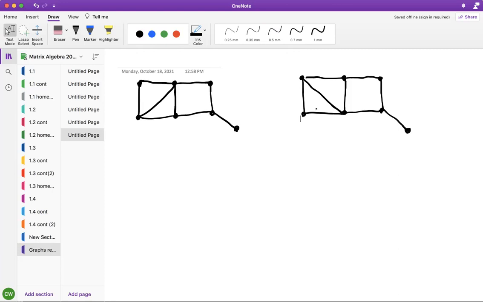Okay, so let's see why these two graphs are not isomorphic. On the one hand, they have the same number of vertices and the same number of edges. So you might think it's a possibility that they could be isomorphic, or that is a necessary condition. They must have the same number of vertices and edges. But it turns out that these are not isomorphic.